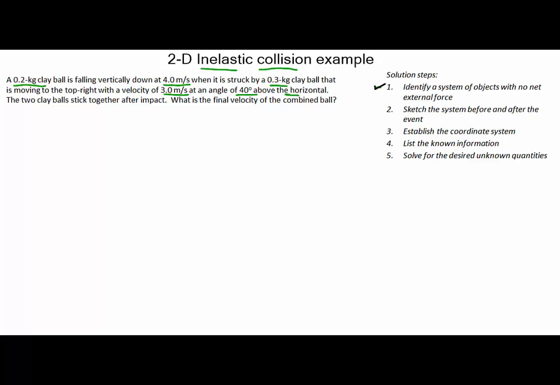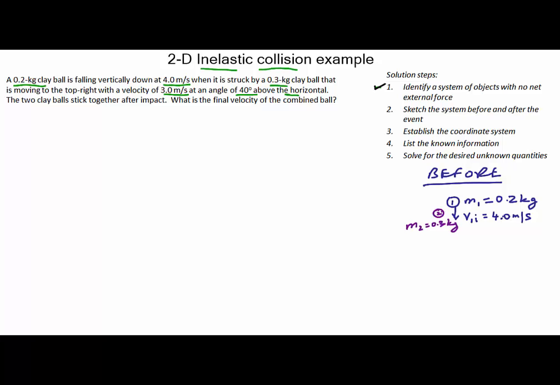So that's our first step done, and now we've got to sketch the before and after situations. So I'm going to sketch the before situation over here, where the first clay ball, let's call this number 1, has a mass of 0.2 kilograms and an initial velocity, call it v1i, of 4 meters per second downward as shown in the figure. And it's impacted by this other clay ball, call it 2, which has a mass m2 of 0.3 kilograms.